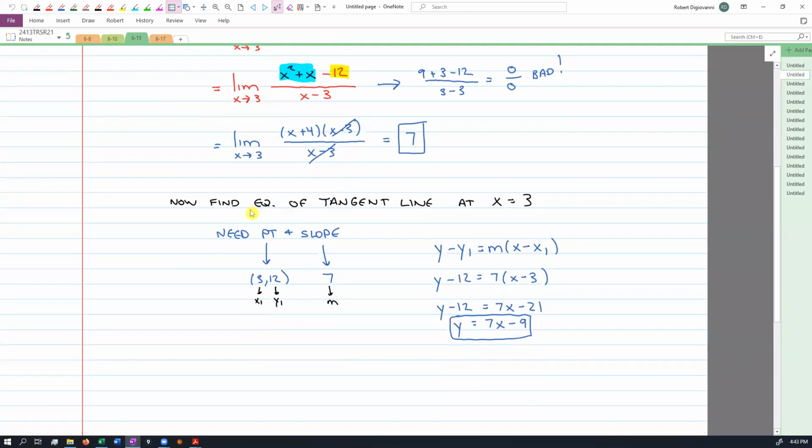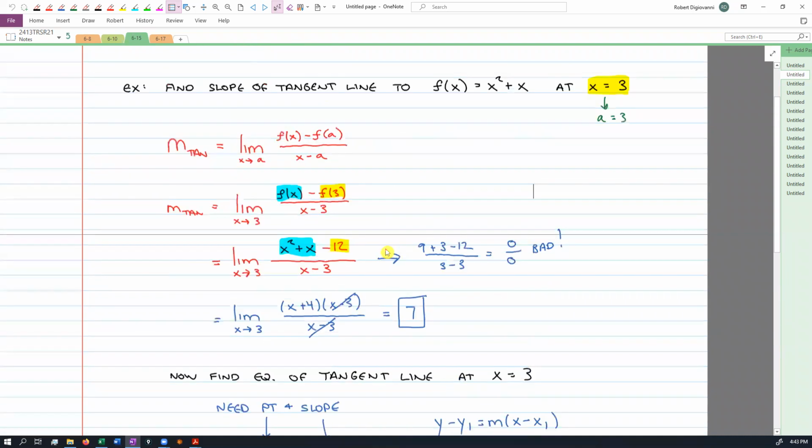If you want the equation of the tangent line, you use this formula. The m is the derivative at 3, the x1 is the 3, and the y1 is what you get when you plug 3 into the original function. It's the y coordinate on the graph.